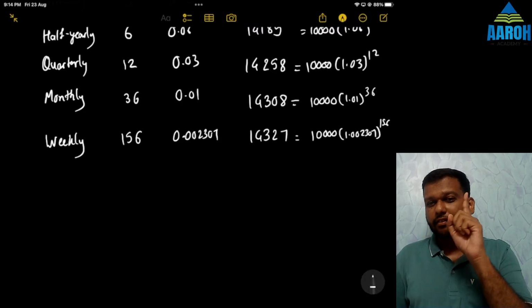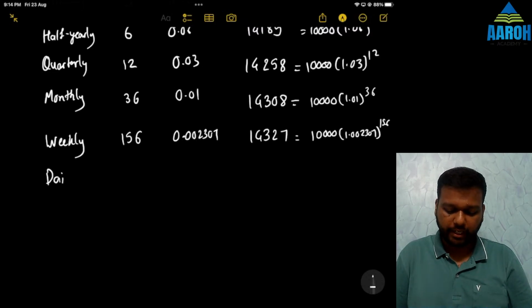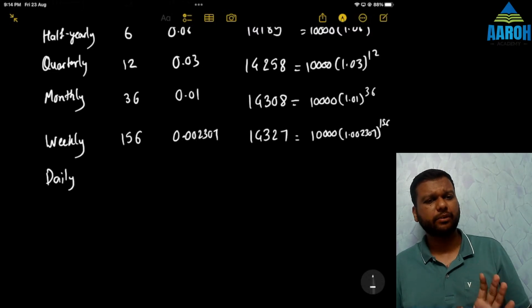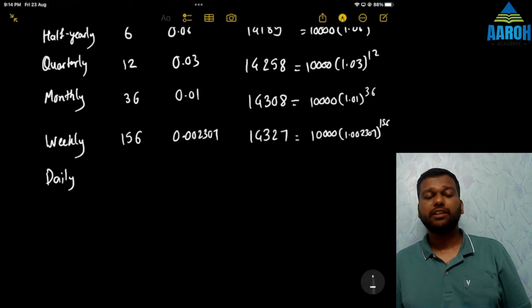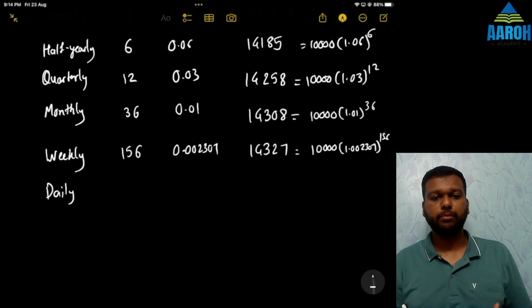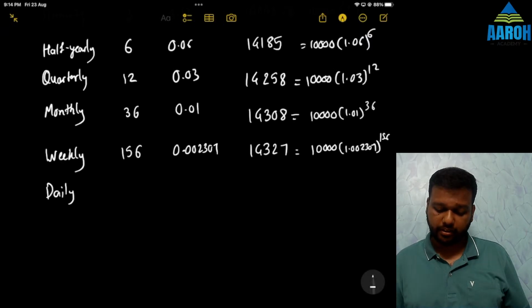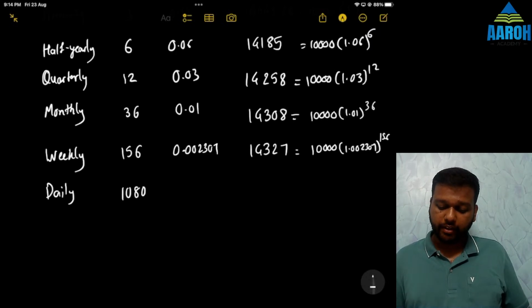And let's do one more thing, which is daily, and then let's write some observation. Let's see if we can calculate daily also, again on the phone calculator only. Generally, in a year, 360 days are assumed for simplicity. So let's take 360 days into 3 years. So n will be 1080. i will be 12% divided by 360.